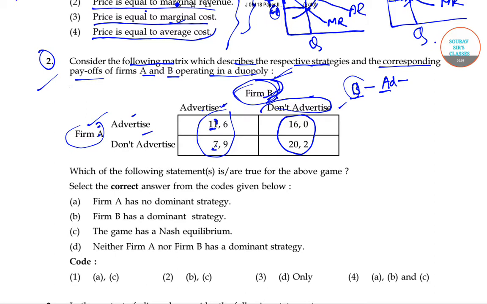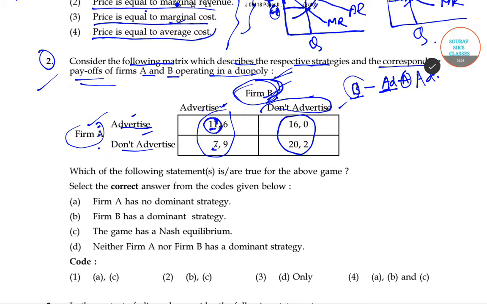As it is given in the payoffs, 11 is more than 7, so we'll choose 11. So when firm B makes the move advertisement, firm A has two options, advertisement and don't advertise. Out of these two, firm A will always go for advertisement.